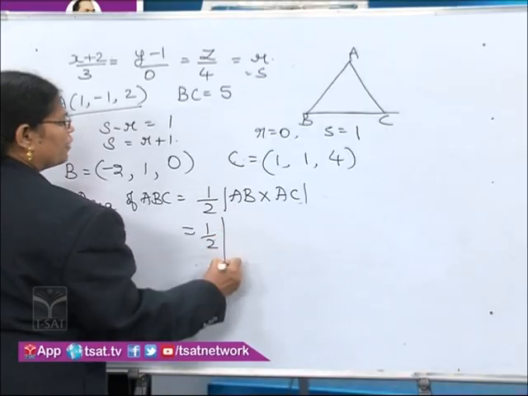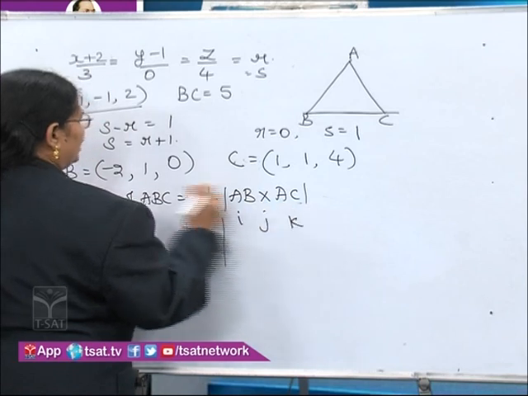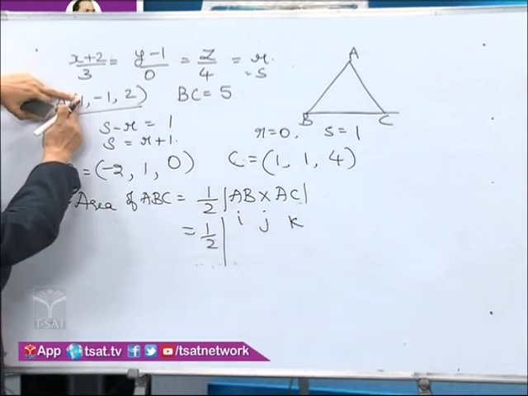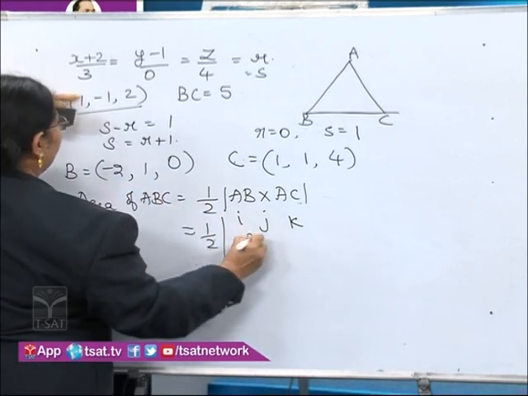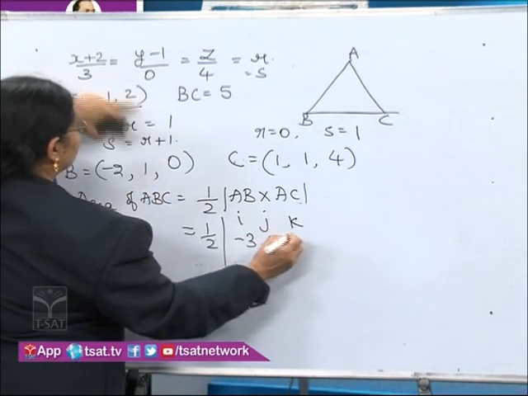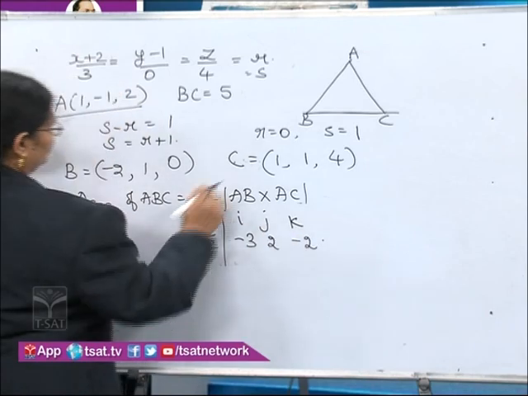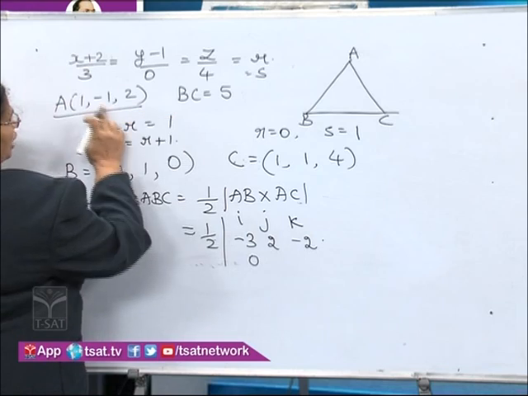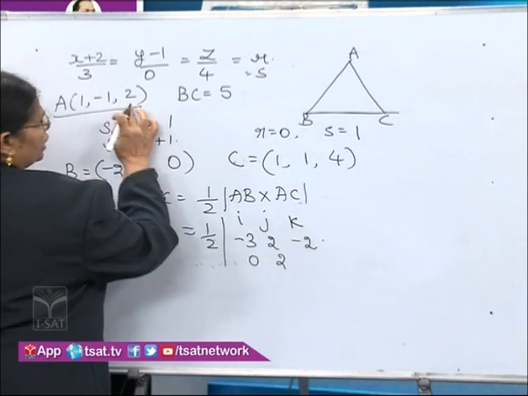So here you will find AB. A is (1, minus 1, 2). So AB is B minus A: minus 3, 1 plus 1, 2, 0 minus 2, it is minus 2. Again AC: 1 minus 1, 0, 1 plus 1, 2, 4 minus 2, 2.